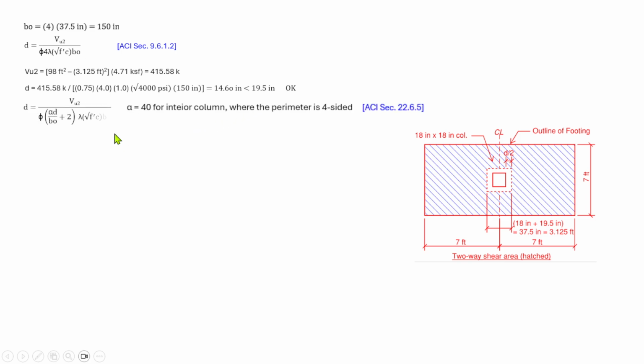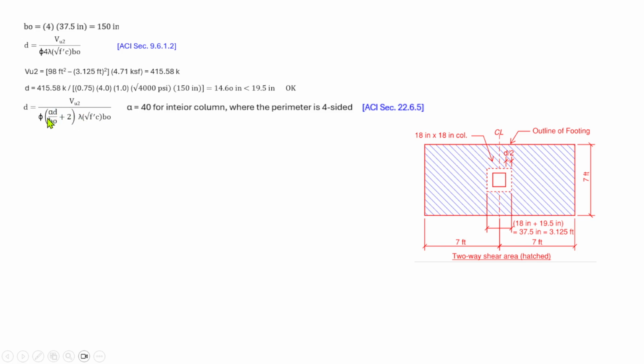There is another provision from the ACI code, section 22.6.5, that we need to check the depth against.